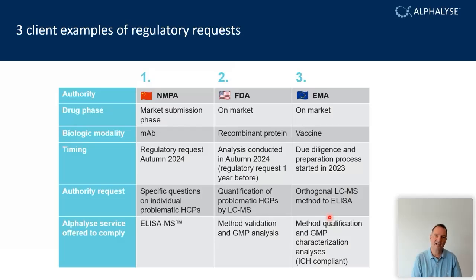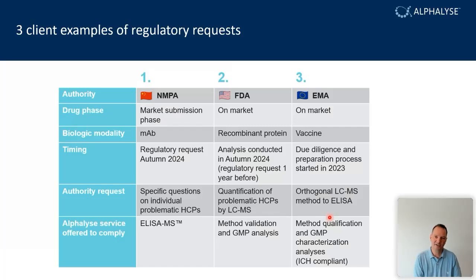Here the client was asked to document if there were known problematic HCP in their map and to demonstrate that the ELISA was capable of detecting these HCPs. So we did a characterization of the ELISA reagent using our method ELISA-MS, which you can also find more information about at our website.